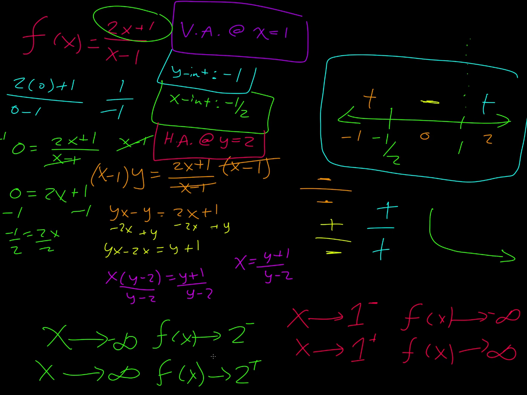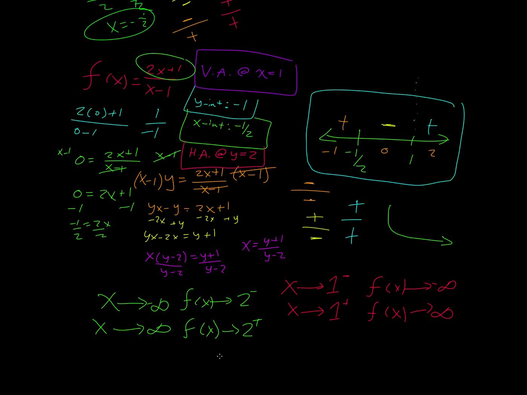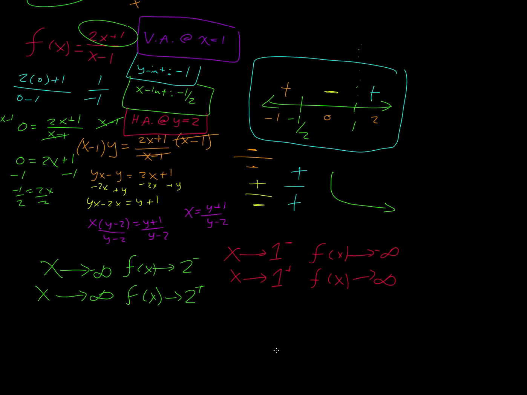Okay, now sketch the function showing the features you have found. All right. So we have a vertical asymptote at 1. We have a horizontal asymptote at 2. And we have an x-intercept at -1/2.